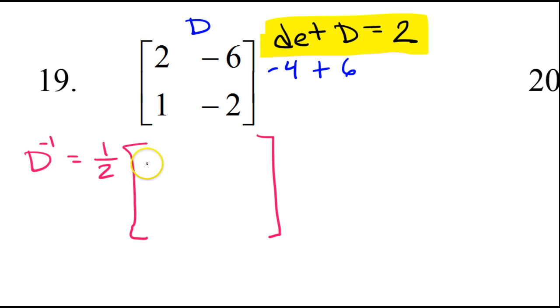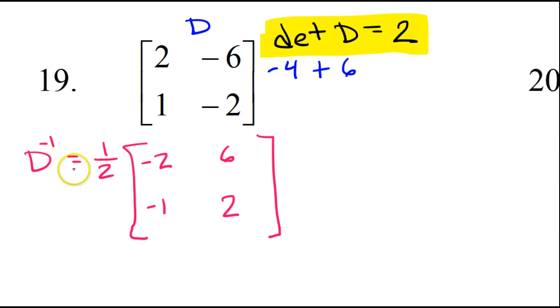Reverse the down diagonal. So that's going to be -2, +2. Negate the up diagonal. So these are going to stay where they are, but this will become -1, and the -6 will become +6. So I reverse the down diagonal and negate the up diagonal.